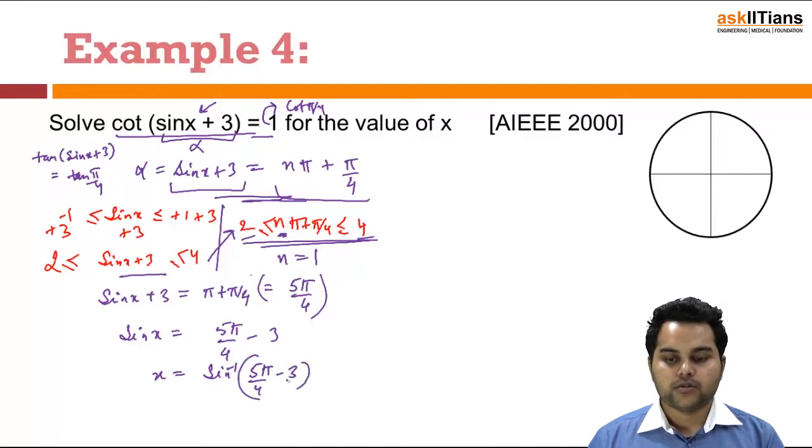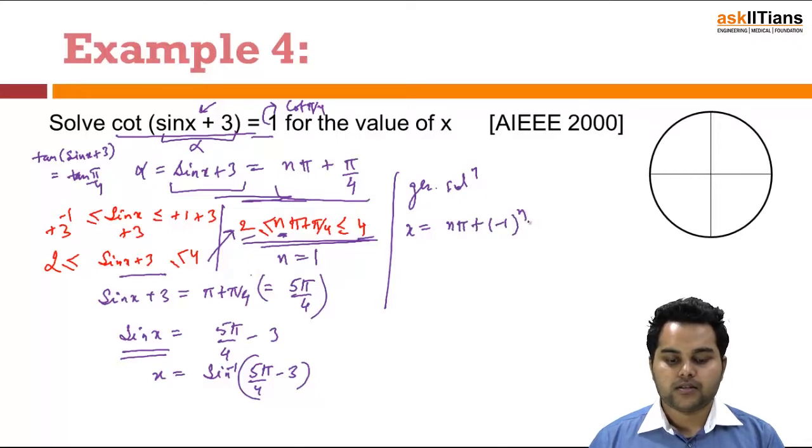Now for the general solution, as it was in terms of sine, I would get x as n pi plus (minus 1) raised to n alpha.